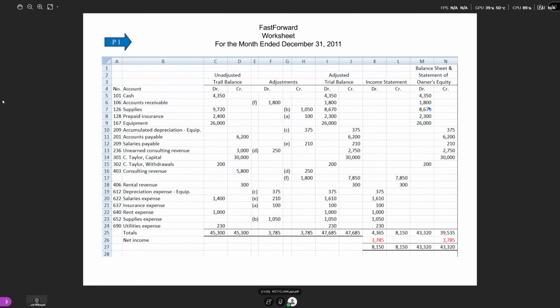For the last two columns, as I said, you will see all your assets, all of your liabilities, and we have here the withdrawals, and so on. So this is basically how you prepare a worksheet.